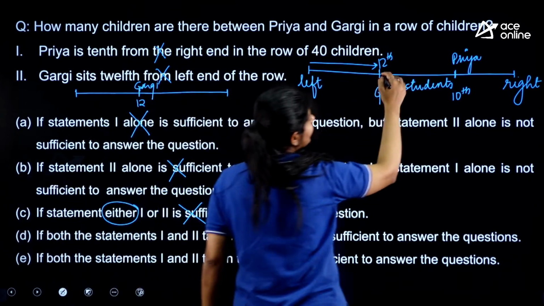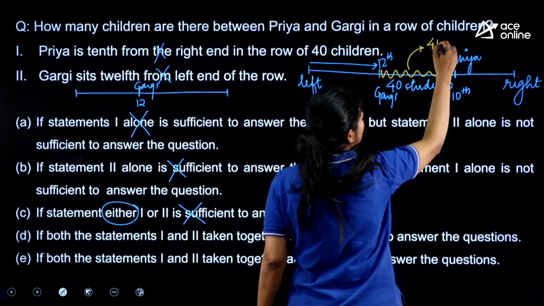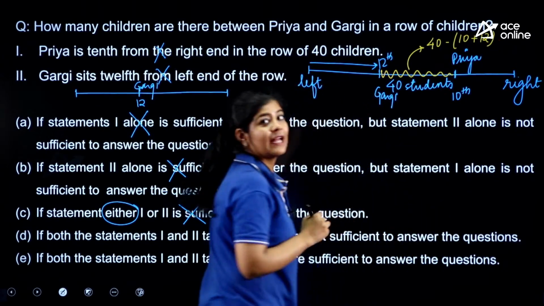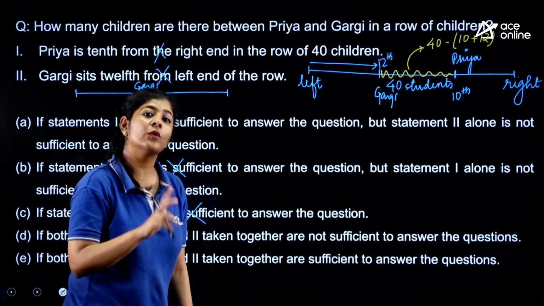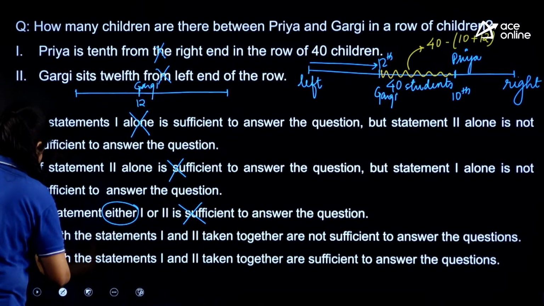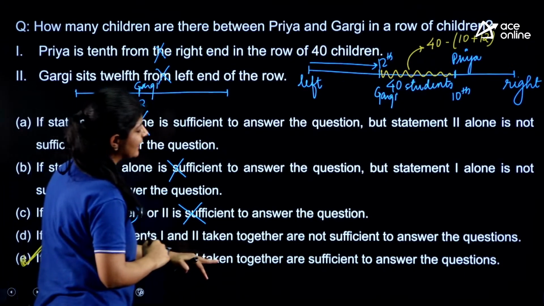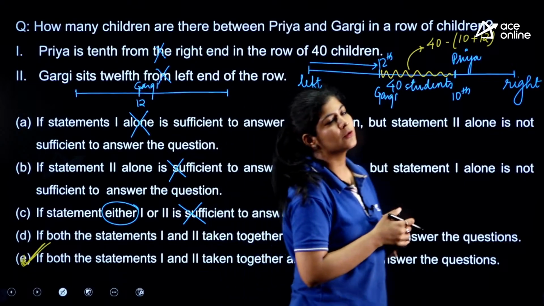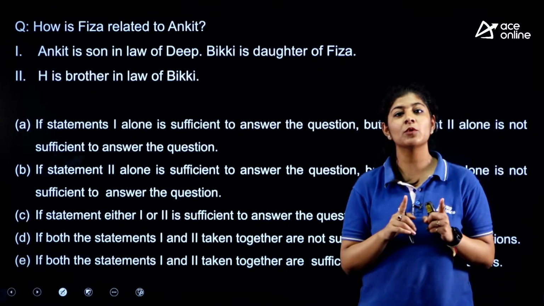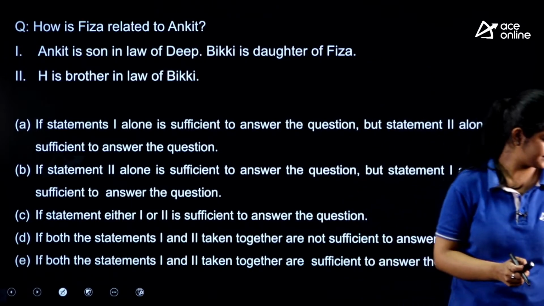We can easily define it as 40 minus 10 plus 12 and we will get our answer. But we get the answer only when we combine both of them together. That means option E is the correct one, if both statements first and second together are required to answer the question, right? Now similarly we have one more question, and we need to check whether these statements are sufficient or not.